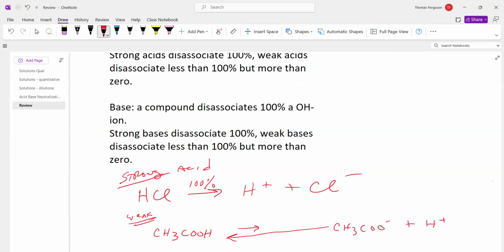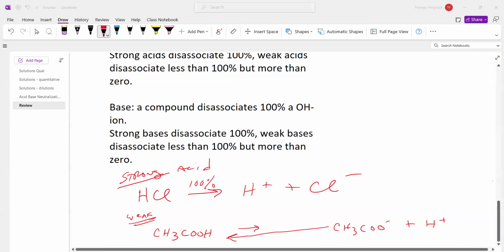Now, I want you to notice something about the way I write weak and strong acids. If it's a strong acid, the H is in front. The H is in front. For the weak acid, look at the end, and usually it's a COOH.